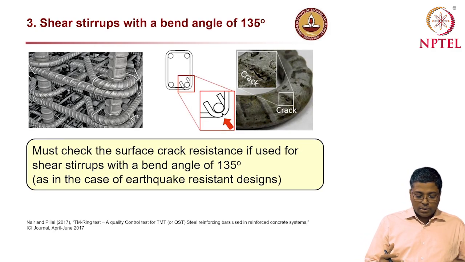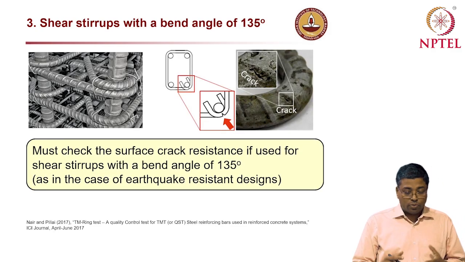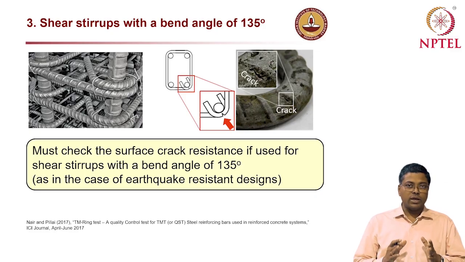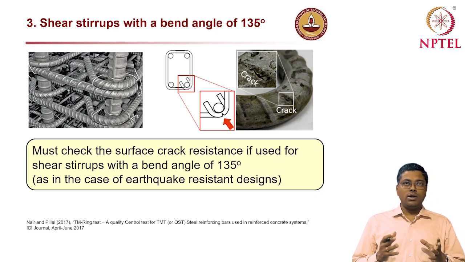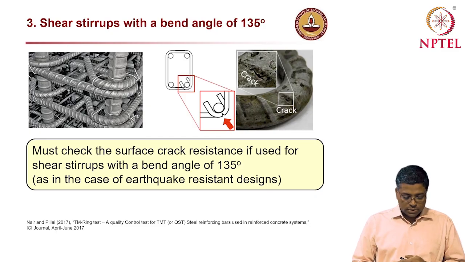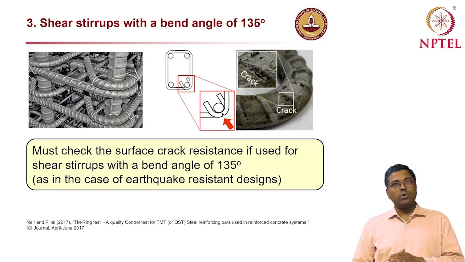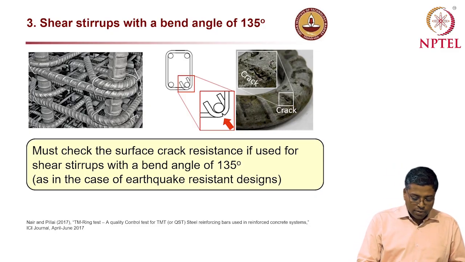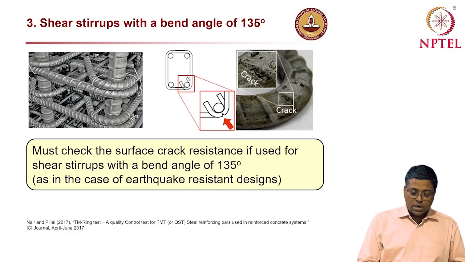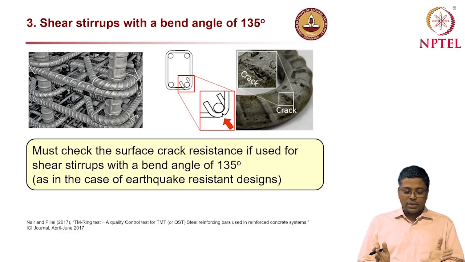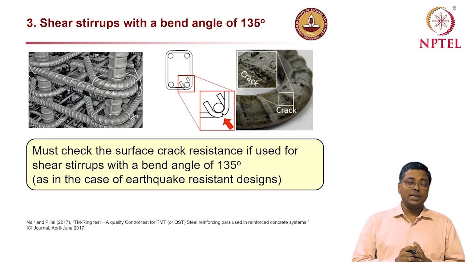Now again, what is the issue with this crack? First of all, we are using this tempered TMT steel mainly because we want ductility and earthquake resistance. When you talk about earthquake resistant design, most of the time the stirrups have to be bent by 135 degrees, not just a 90-degree bend.